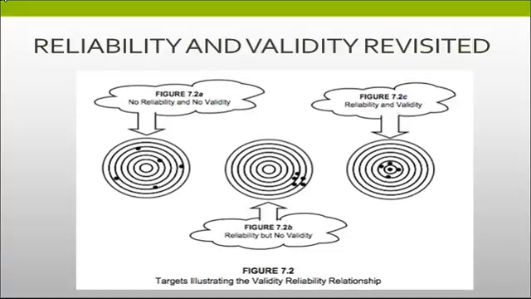You have adjusted your sights, and now all the bullets are in the same place but not near the center as you had intended. This represents a measurement instrument that is reliable, but because it's not near the center, it is not valid. Finally, all the adjustments are made with the sights, and in figure 7.2c, the shots hit near or at the bullseye. This instrument is now both valid and reliable.